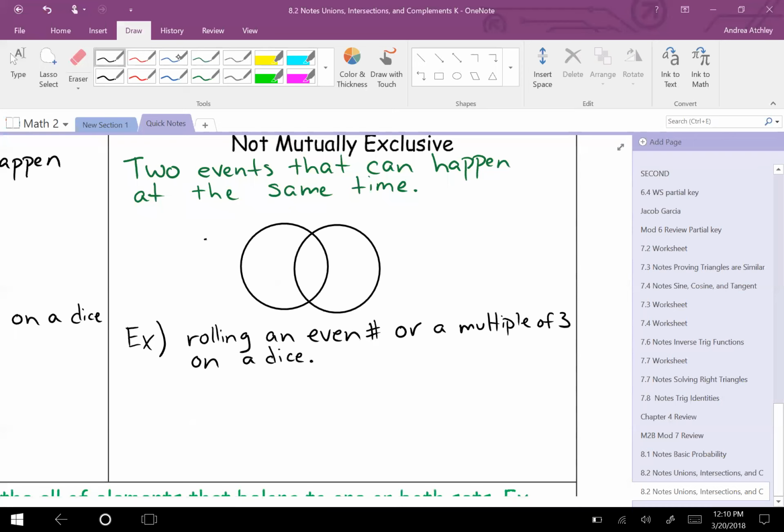Okay, so we can have this one that is an even number. And then this one would be a multiple of 3.